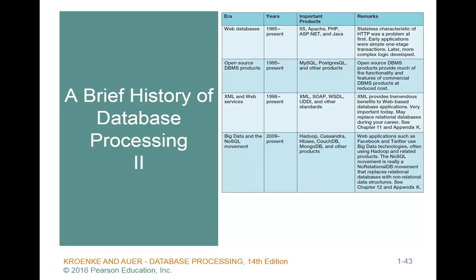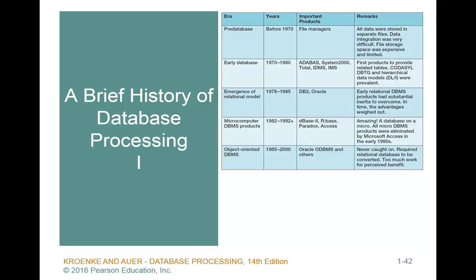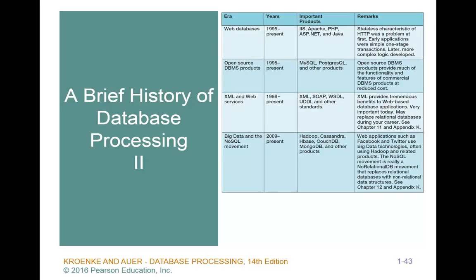I wouldn't memorize everything, but I would know the major concepts, like early databases, what it started off with, the emergence of the relational model, which is very important, when object-oriented concepts were introduced, web services were introduced, and now the big data concepts as well. So just understand the history, where we came from and where we're going.